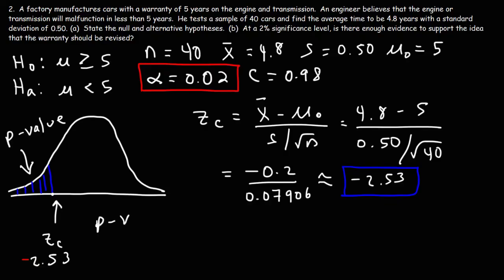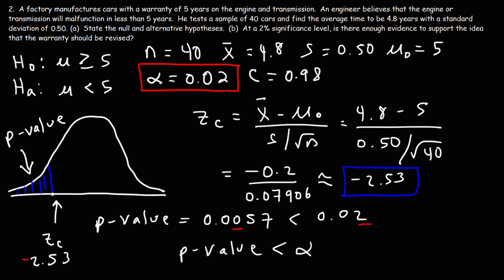So our p-value, the area of the region shaded in blue, as we said before, is 0.0057. Now, alpha is 0.02. So 0.0057 is less than 0.02. If you compare 0 versus 2, 2 is bigger. So this means that our p-value is less than alpha.